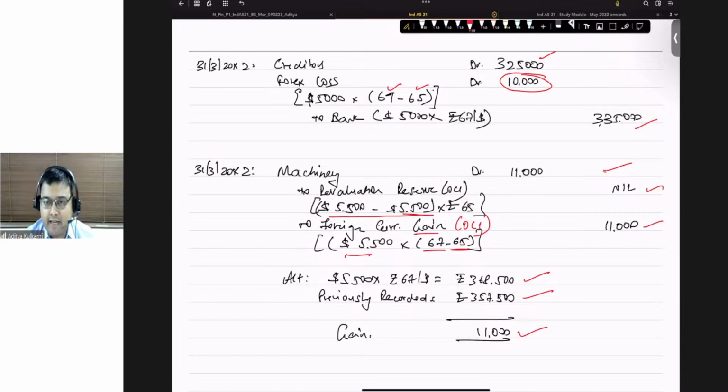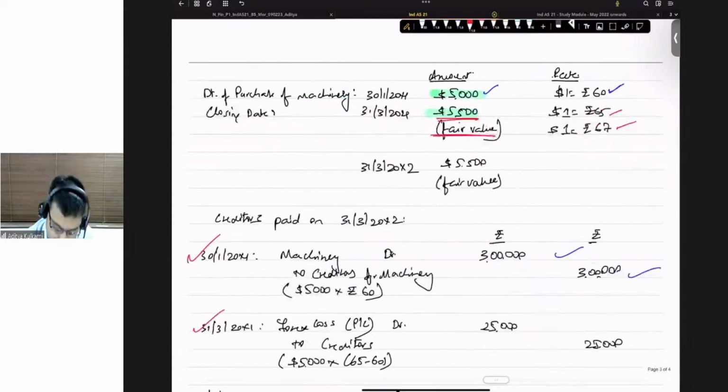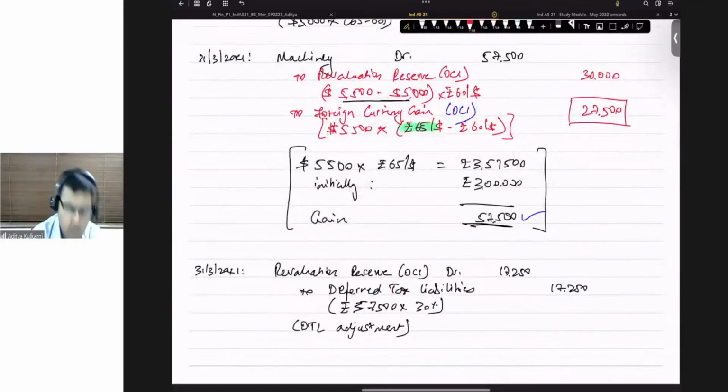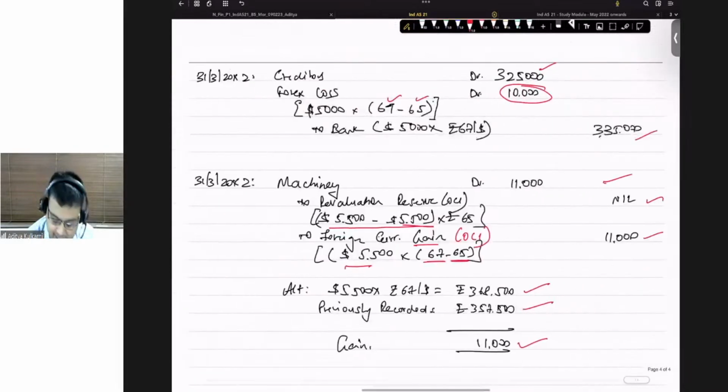It is foreign currency gain which is recognized in other comprehensive income, not in the P&L. Even the original one was in OCI, 27,500. This is also in OCI. That means in the revaluation reserve only, because this is pursuant to a revaluation under Ind AS 16.